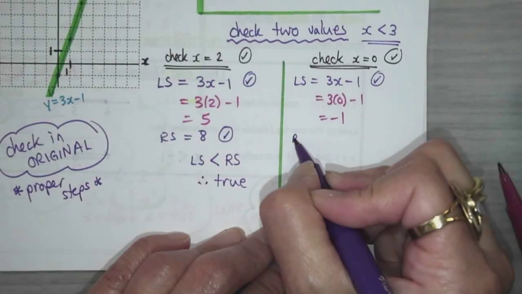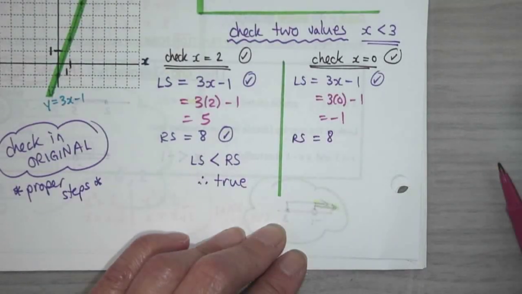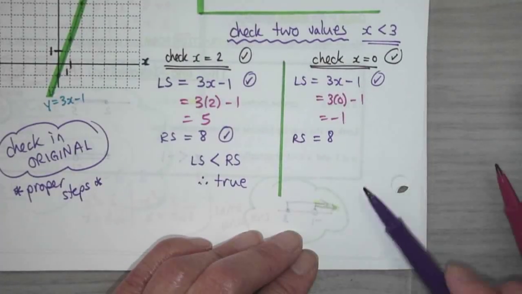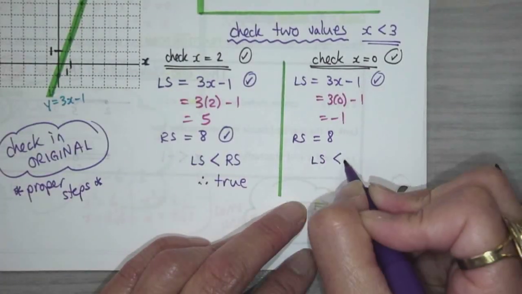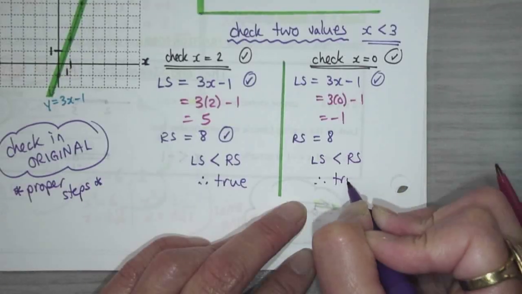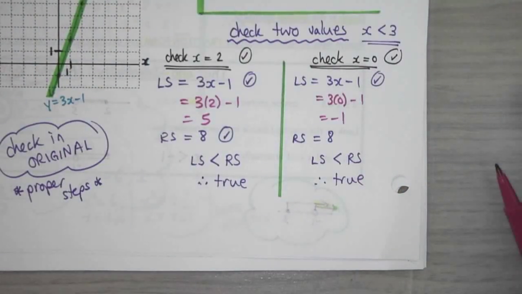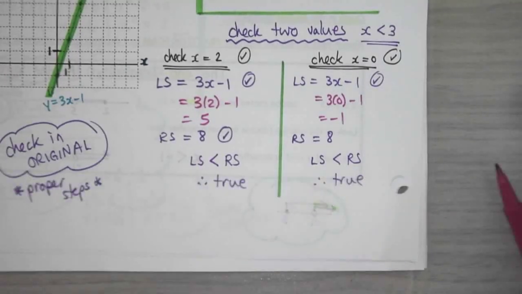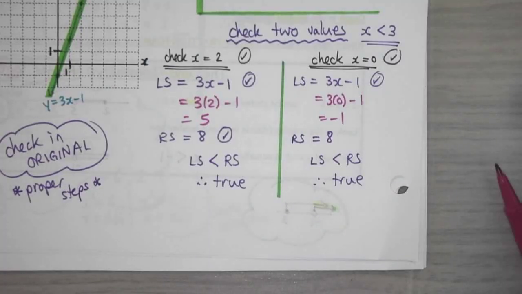Again, you're just proving it. Actually, I should have asked you to prove that it doesn't work. So choose one that doesn't work. So here we say again, my left side is indeed less than my right side, therefore true. I'm going to change this question for next time and say prove one that is true and one that isn't. So what you'll get is that the left side is greater than the right side, then you'll say therefore not true. Make sense?